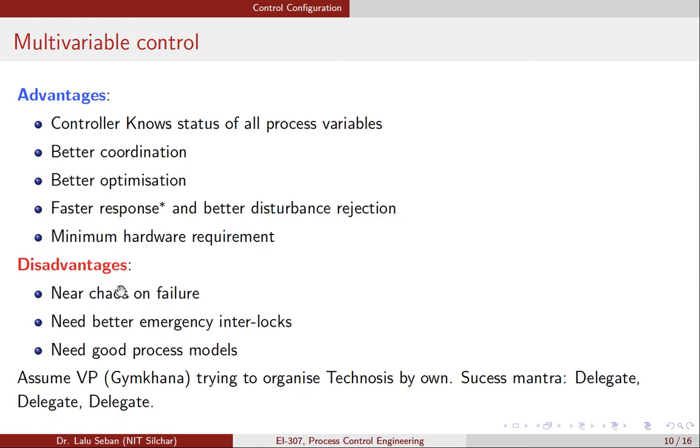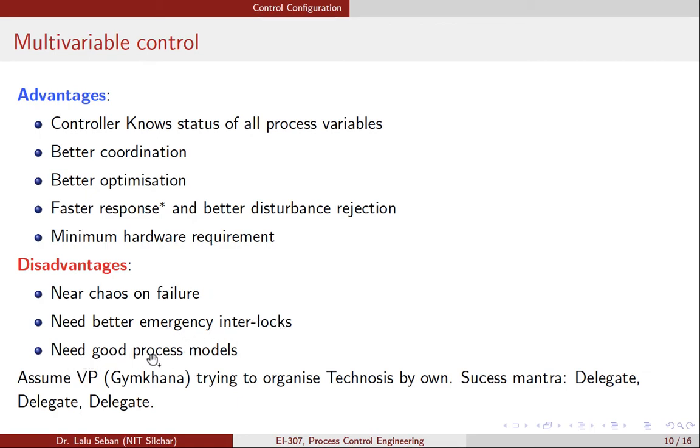Now, disadvantages. In case this controller fails, it's almost chaos because along with the controller, everything else will also fail. So we need better interlocks, emergency interlocks or safety interlocks. In case of failure of this controller, there should be some strategy to take care of the emergency condition.